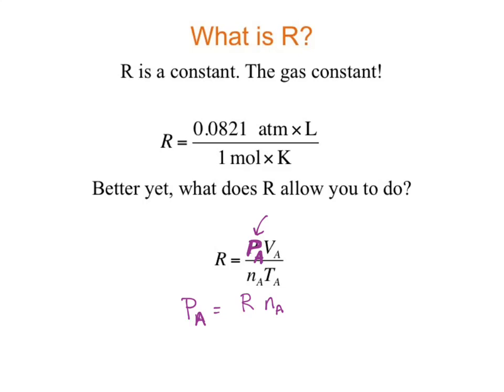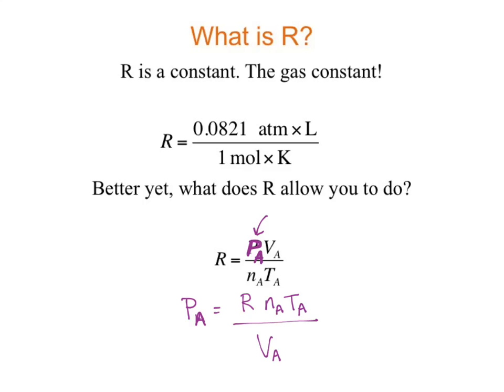Times the moles in that system times the temperature in that system divided by the volume of that system. What we've done here is actually a conversion. We're converting the units of moles, temperature, and volume into the units of pressure through our gas constant.